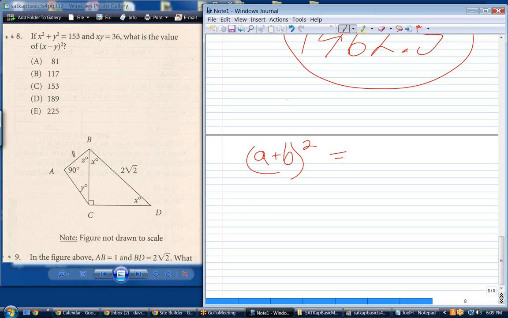You remember what it is? I know this. I don't remember, but I know this. Well, I'm going to help you remember how to do it. Tell me what a plus b squared is.